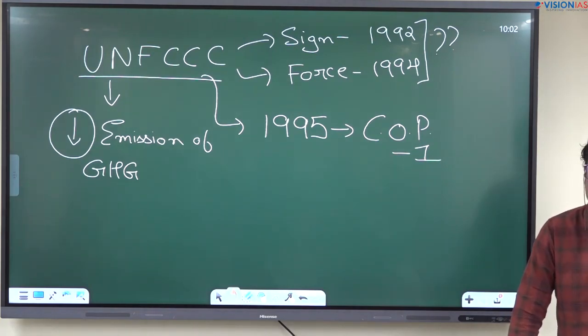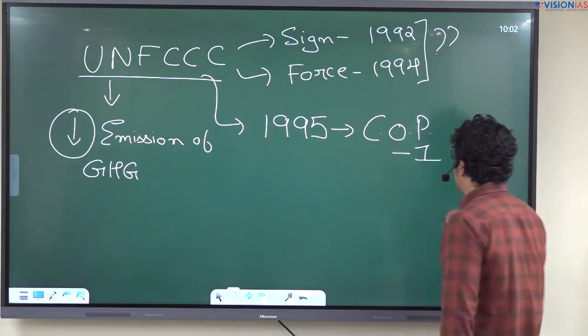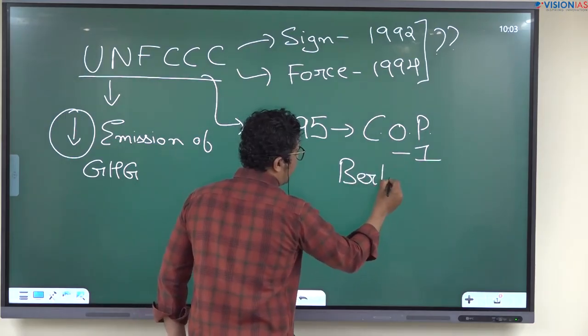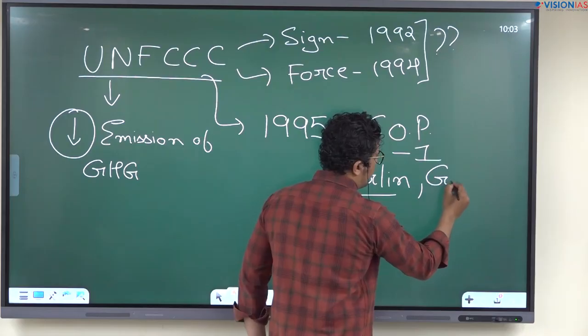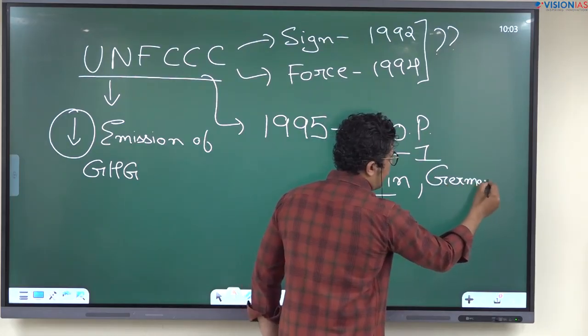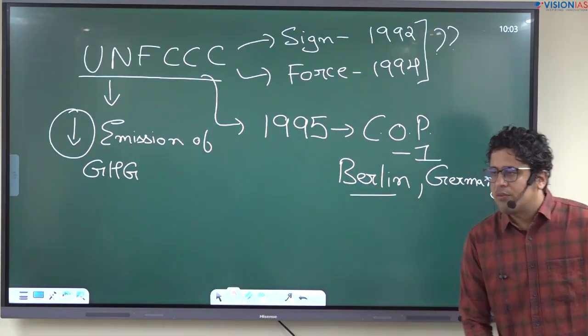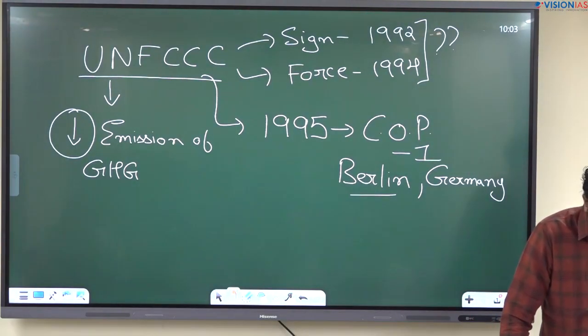Very next year, they started their annual meetings. So COP1 took place in 1995 in Berlin. This was the first conference. Every year there is a conference. Every year a meeting happens. We'll discuss that. But look at your printout first.